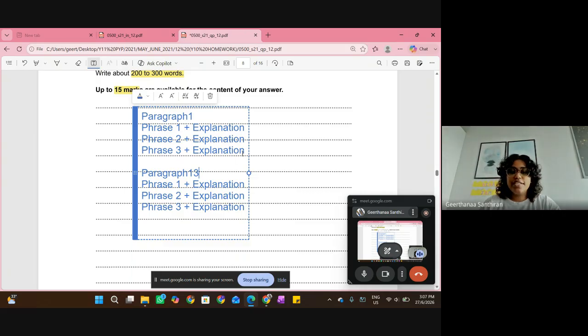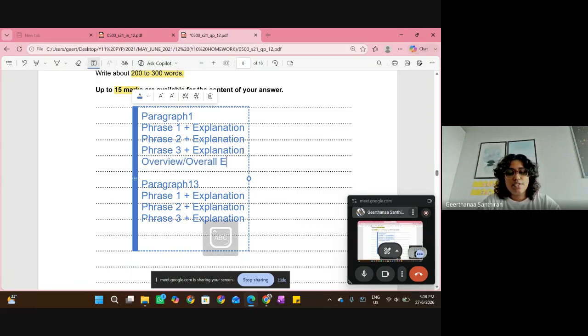So how do we get to 15? Well, you have to do another thing as well. It's called an overview or overall effect. You can put this at the start of your answer paragraph or at the end of your answer paragraph.